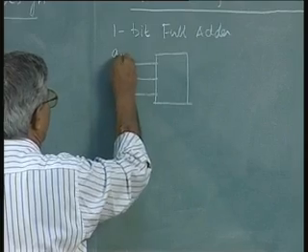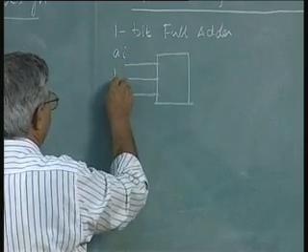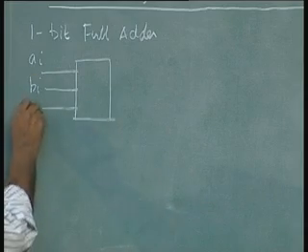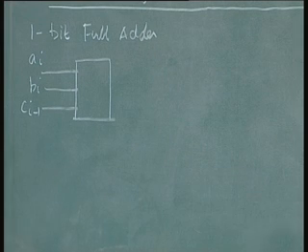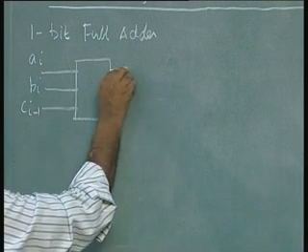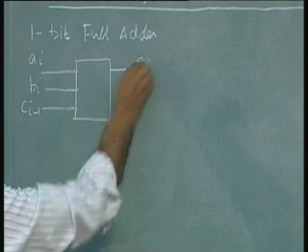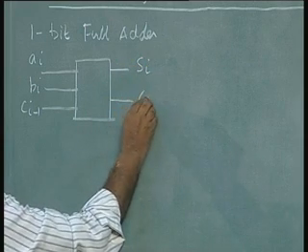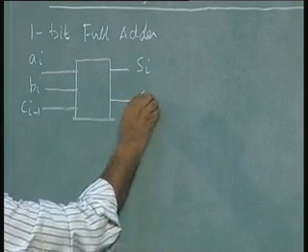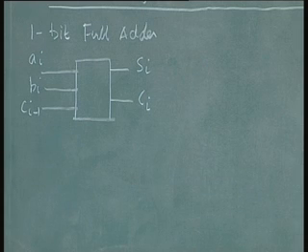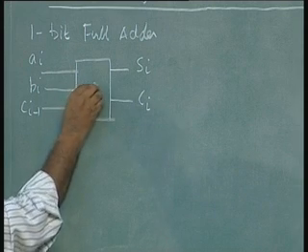I will call these the ith bit of A, the ith bit of B and Ci minus 1, the carry from the previous stage, and the outputs are sum and carry: the ith stage sum and the ith stage carry.